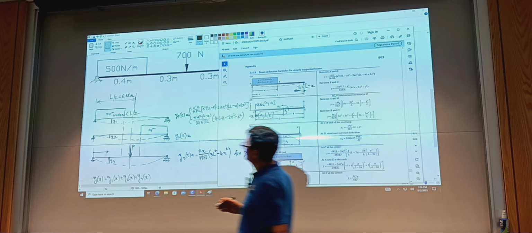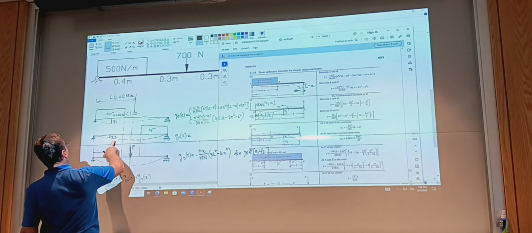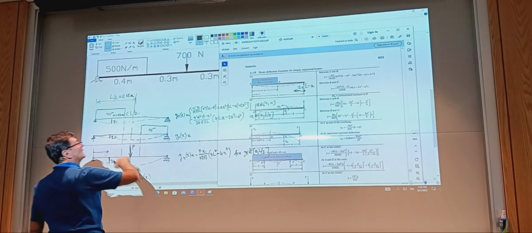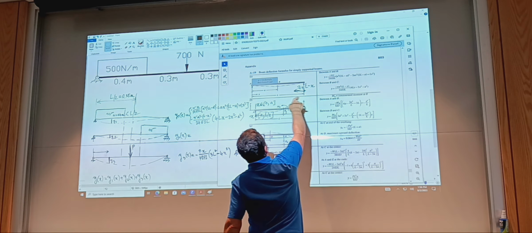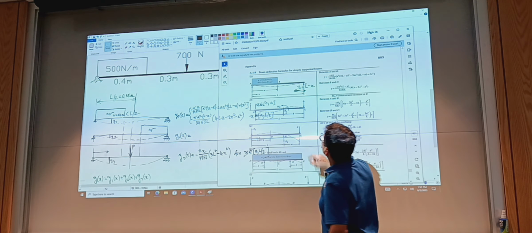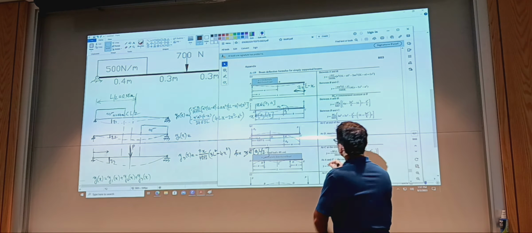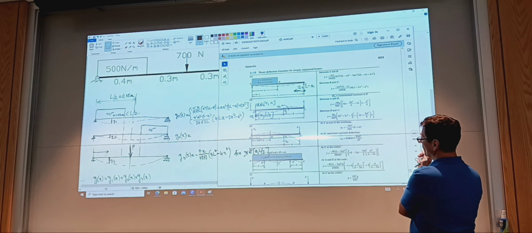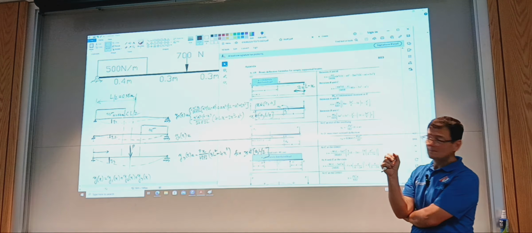So in order to state the equation for y going from C to B, actually we'll go just up to the middle, I need to make a change of variable here. So I need to replace x with L minus x.